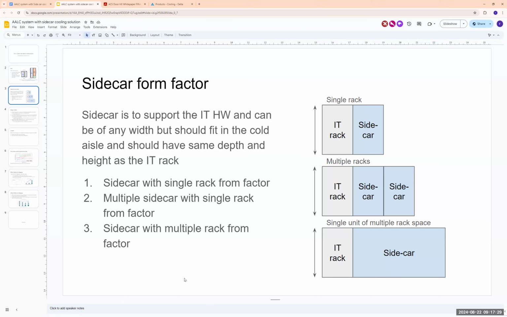This is more like a bigger heat exchanger that supports the capacity, or for better efficiency, and so forth. Whatever the reason.